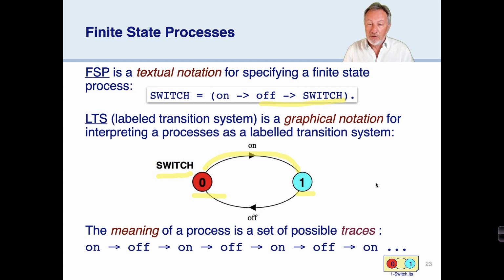But actually, processes may themselves be concurrent or non-deterministic, so you don't get just one trace, but a set of possible traces. In this particular example, there's only one possible trace, the infinite one consisting of off, on, infinitely.